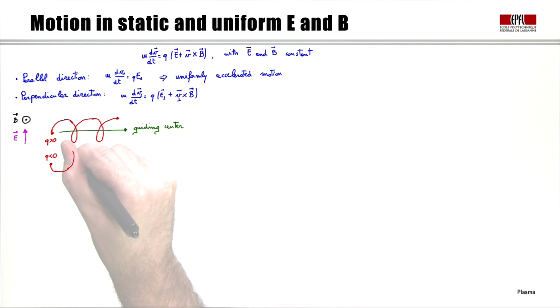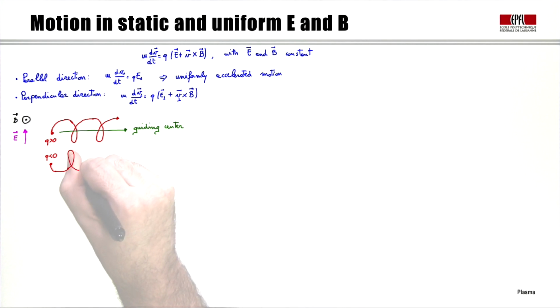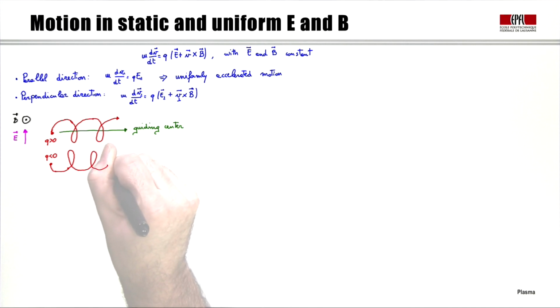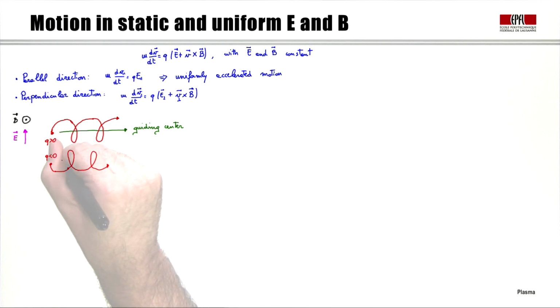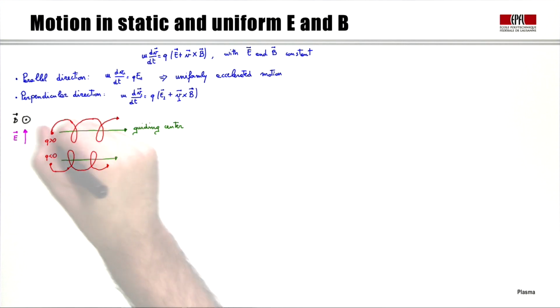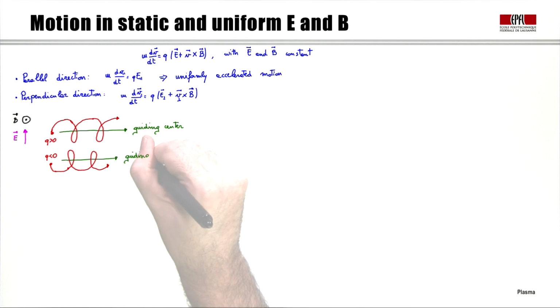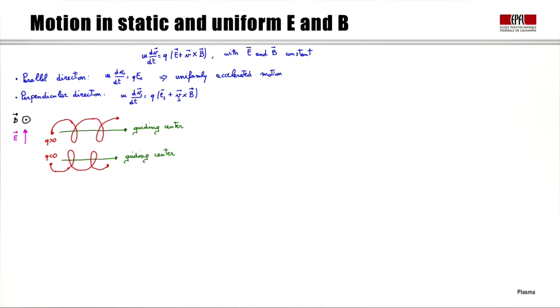But while moving in this direction, the particle will be slowed down, and therefore its Larmor radius will become smaller, and then the particle will continue to move, will be slowed down, etc. The result is that the particle's guiding center will still move in the same direction as the positively charged particle.